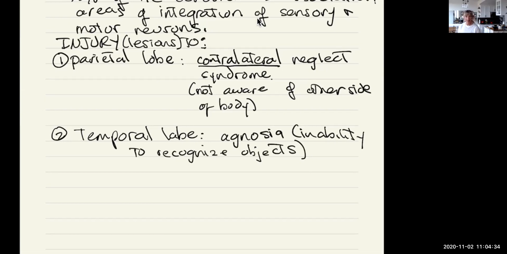There's another name for the inability to recognize faces, and that's another part of the temporal lobe. And that is known as prosopagnosia. That's the inability to recognize faces.